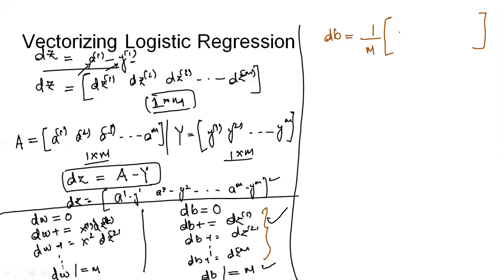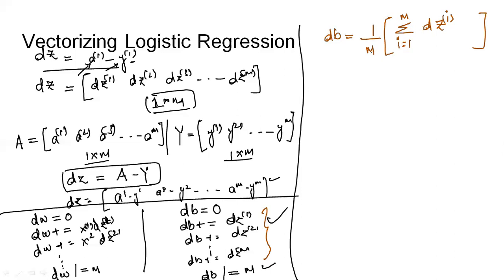So what can I write? Basically these equations are a summation from i equal to 1 over all the m training examples of dz of i, because we have to ultimately add dz1, dz2, that goes up to dzm. So we are putting a summation from i equal to 1 up to m, and in the last we are finding the average, and for that we are dividing this summation by m.